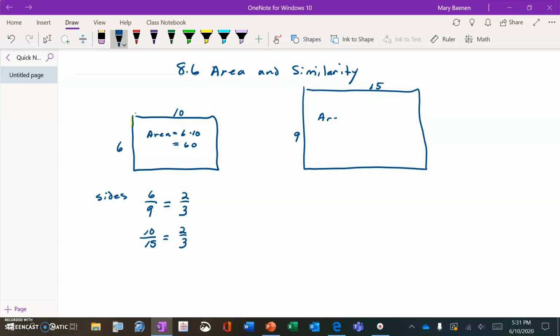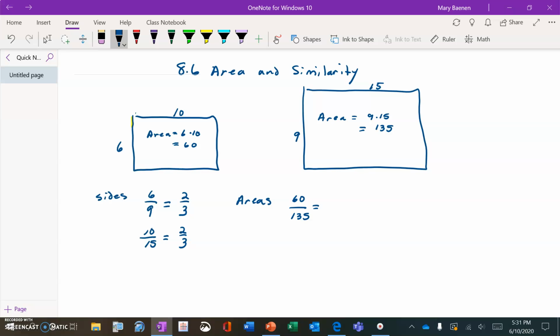The area of this similar rectangle is 9 times 15, which is 135. Now I'm going to make the areas a ratio also. So I'll take 60 and put it over 135.